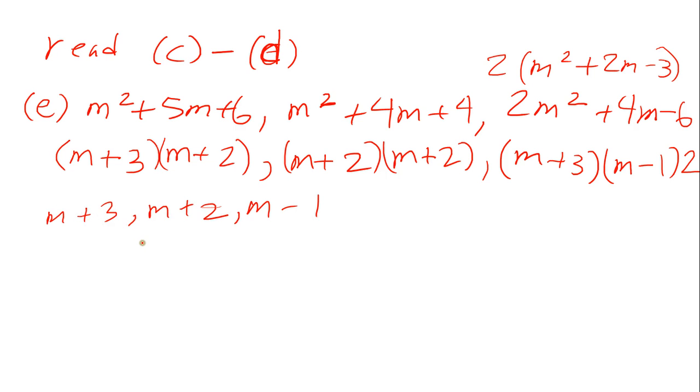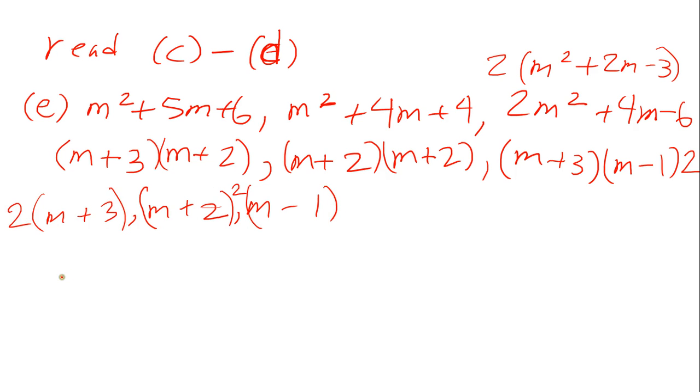All of these need to be part of your least common denominator. Actually, this is m plus 2 squared. So you've got m plus 3, m plus 2 squared, and m minus 1 all need to be factors of your LCD, along with that 2 sitting over there.